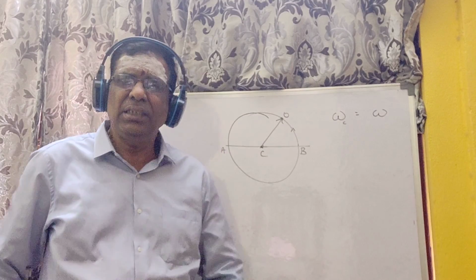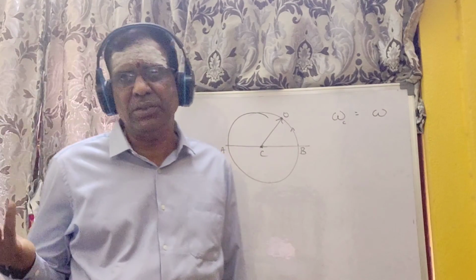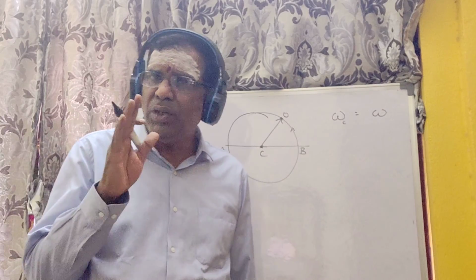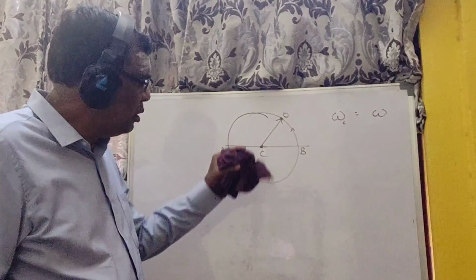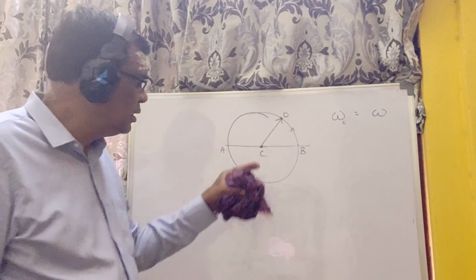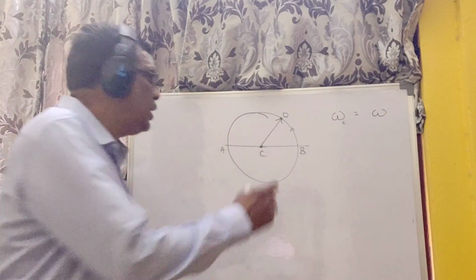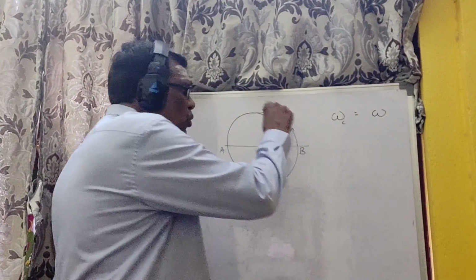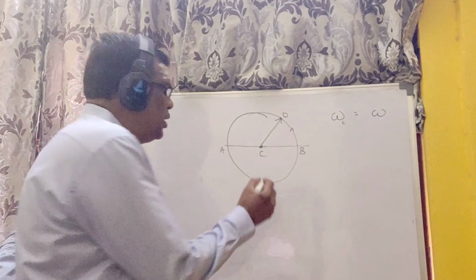Now, this is a ticklish issue. See, you talk of omega, you talk of linear velocity. Linear velocity we always refer to with respect to any reference frame. In a similar way, I can fix a point or axis for even angular velocity. If I take with respect to C, I know this is going with omega, no issues at all for you. What do you do?